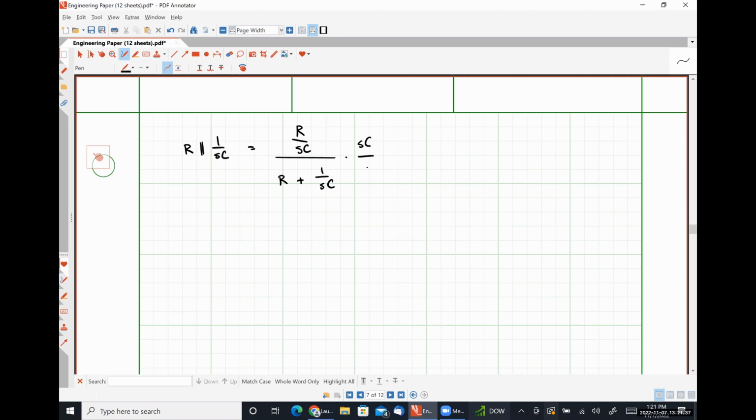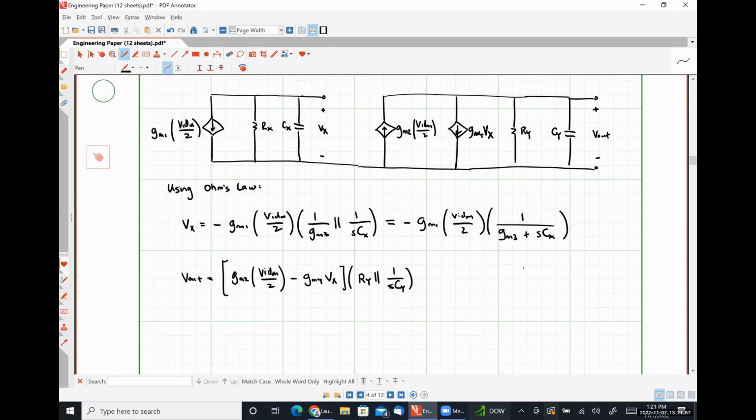Multiplying through by SC over SC gives me R over 1 plus SRC. So I'm going to use that identity here to put things in a form that is less awful. Okay.